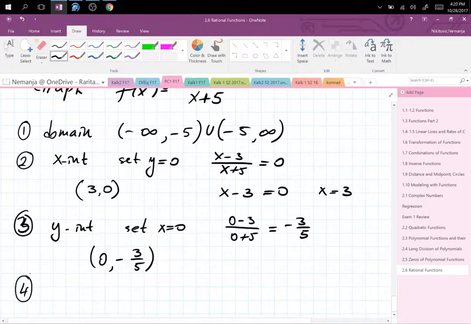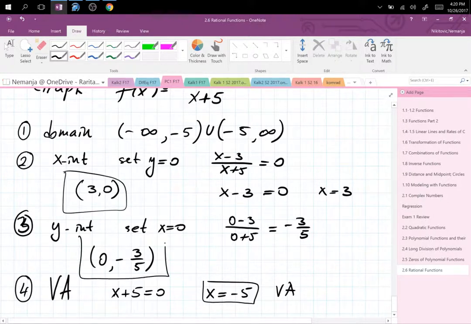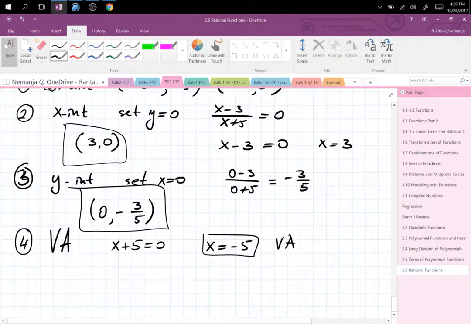Number 4, VA. Do we have any vertical asymptotes? Yes? x equals negative 5. You take the denominator, set it equal to 0, and we get this one. Number 5.